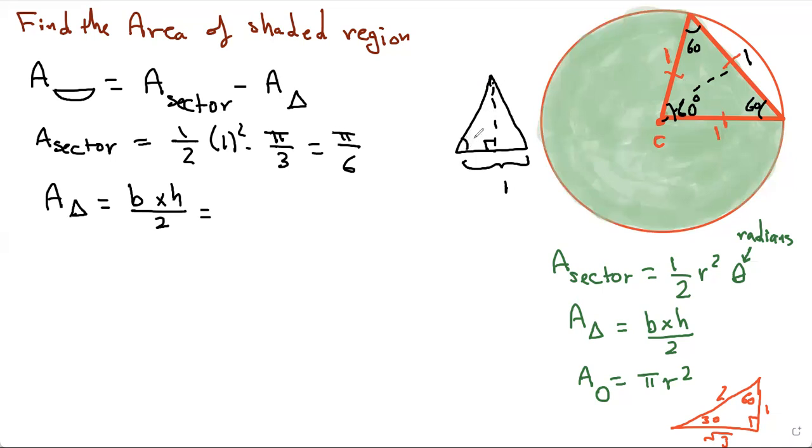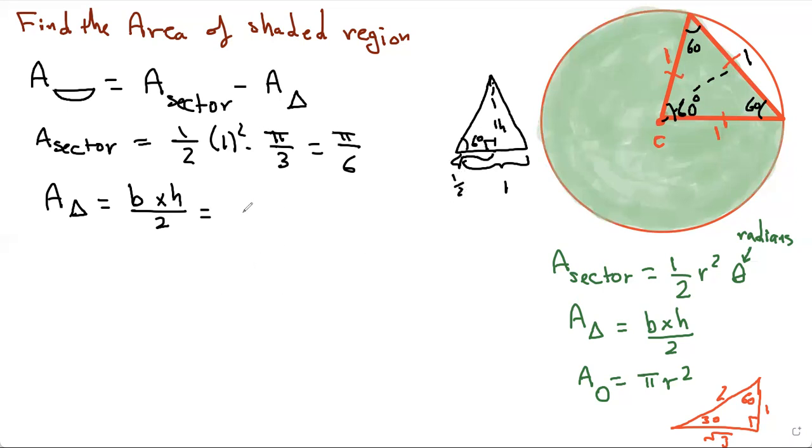So we're just going to use the 60 degrees to find the height, and using trigonometry. So the height here, if we want to find this, I'm just going to say from here to here is a half, okay? Let me just make that nice and clear. So if this is 1, then this part right here is a half.